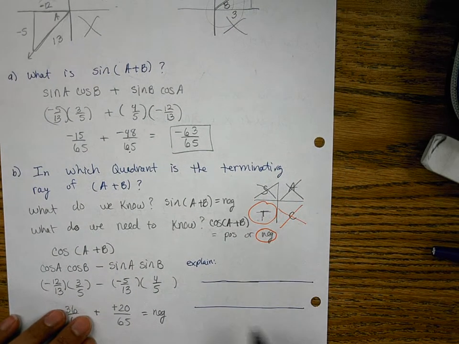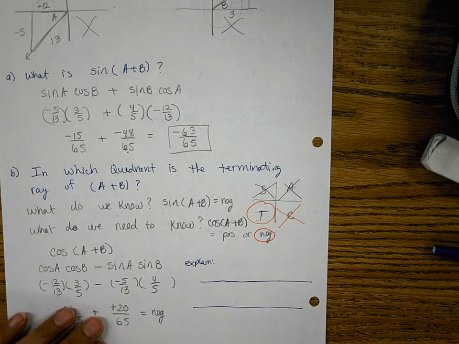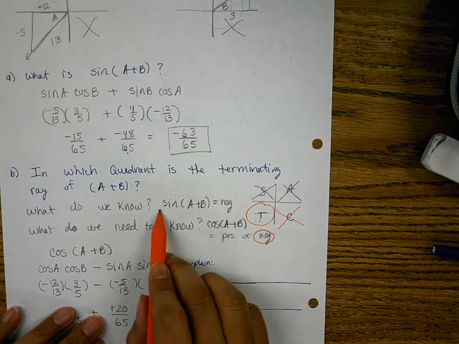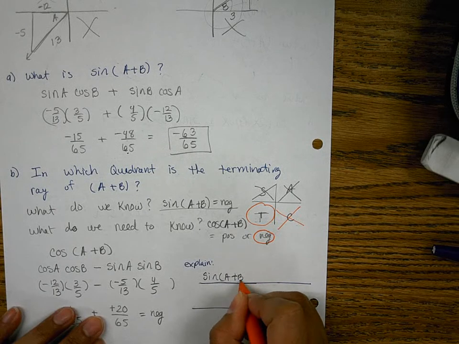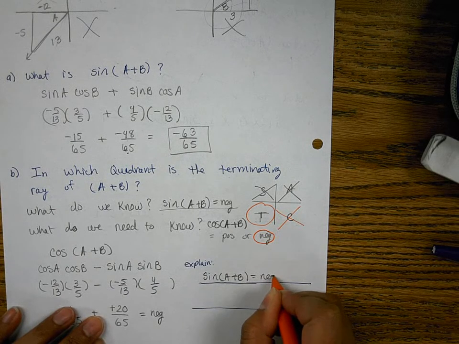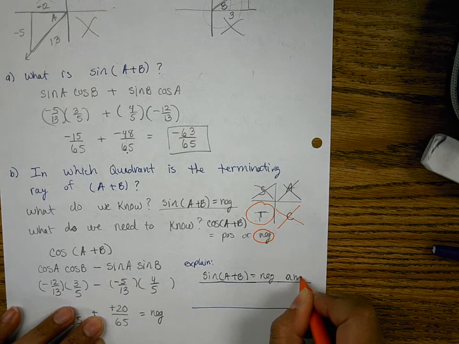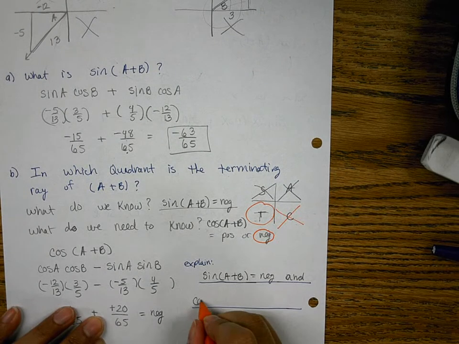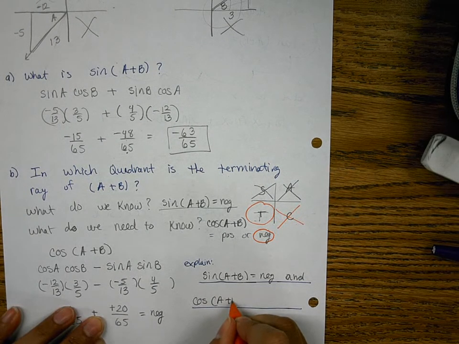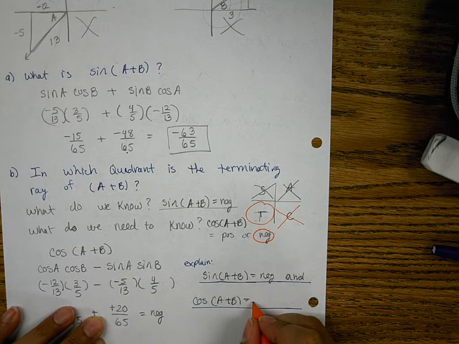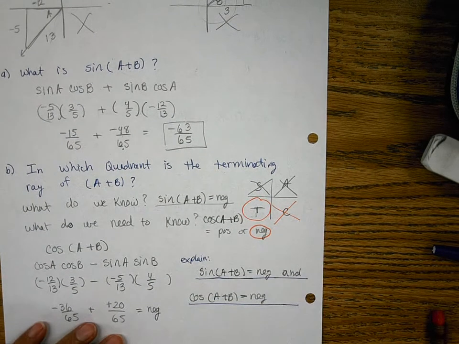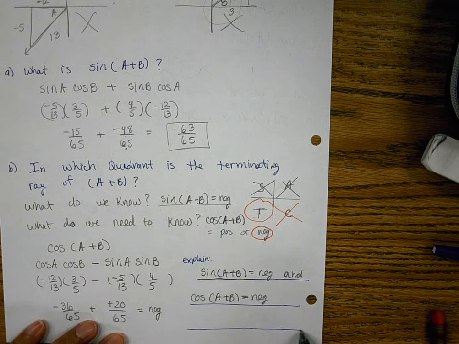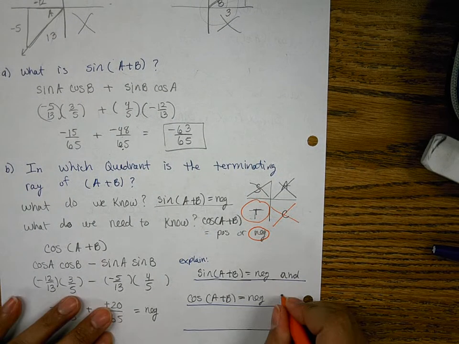Okay, so on the test, they will ask you to explain. And you'll have a little section there to write out your written explanation. So you would say what we knew, sine of a plus b is negative, and cosine of a plus b also came out to be negative, which is not always going to happen.